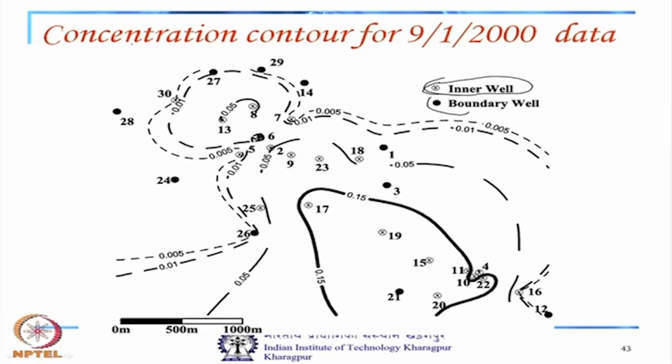So, this is the concentration contour for the 2000 data, and this is the scale.